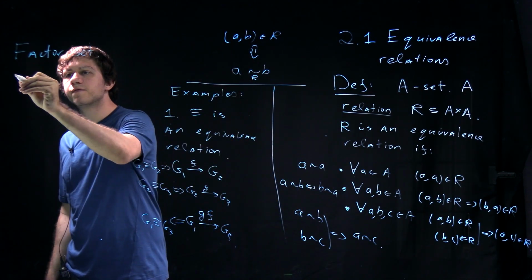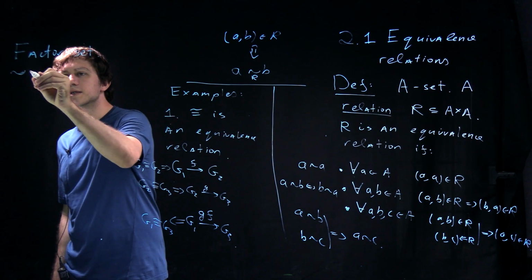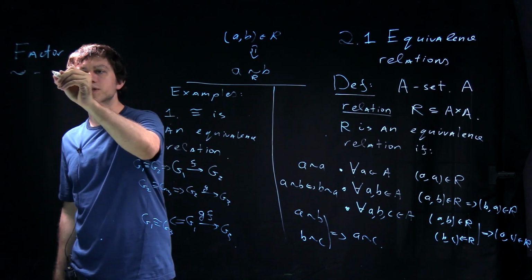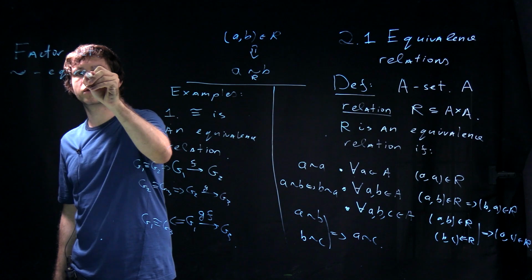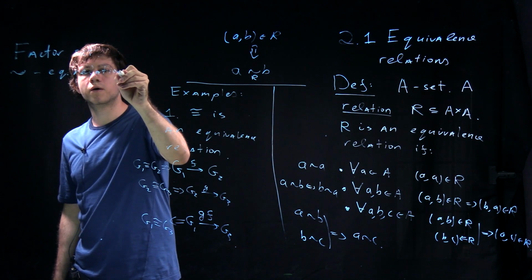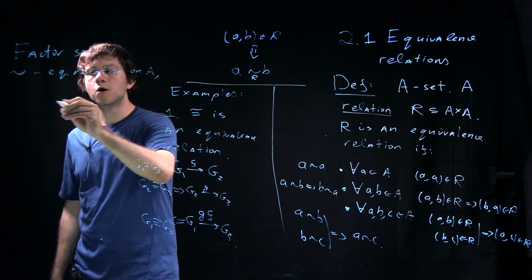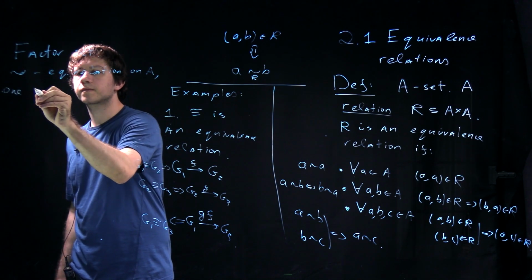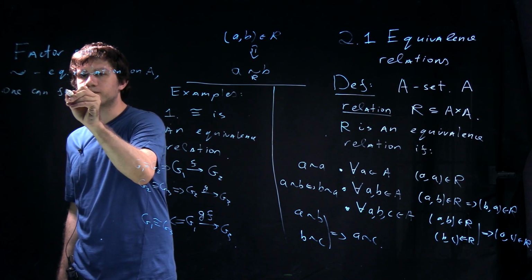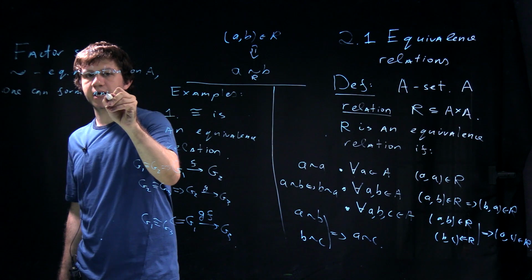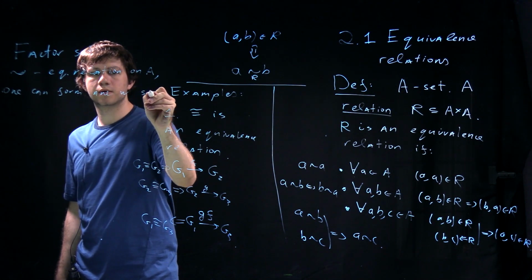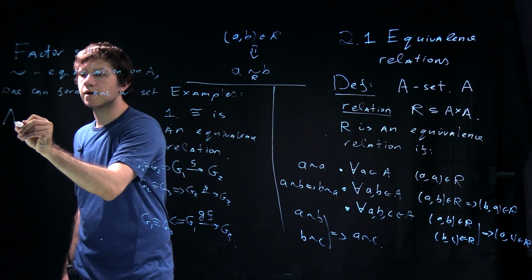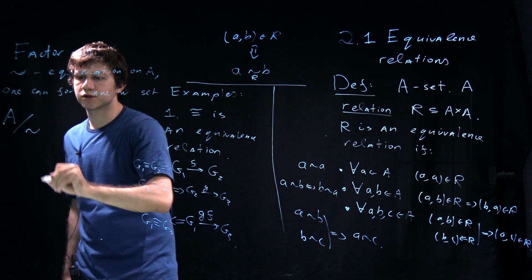So if you have an equivalence relation on A, one can form a new set, which is denoted A factored over the relation.